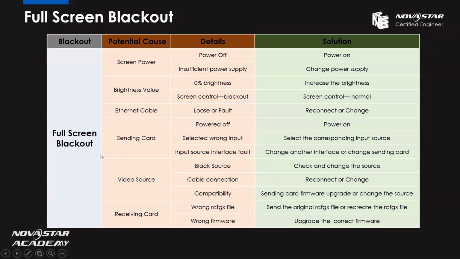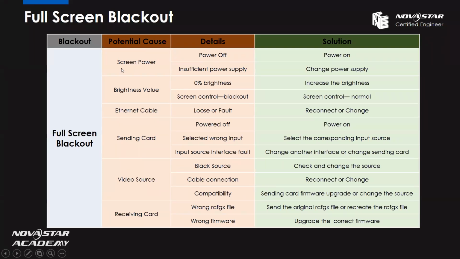For the full screen blackout issue, we can check 6 aspects: the screen power, brightness value, Ethernet cable, sending card, video source, and the receiving card. Let's check them out one by one.